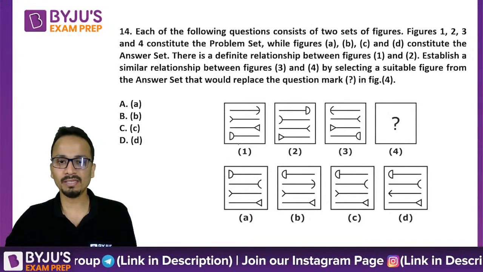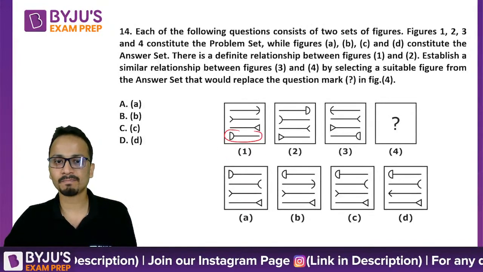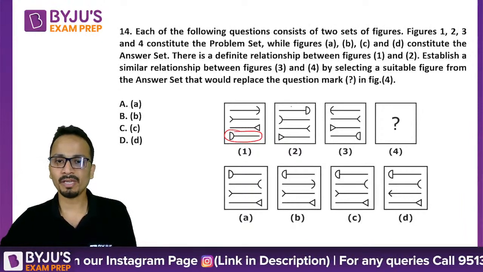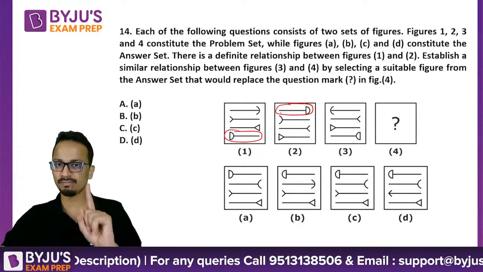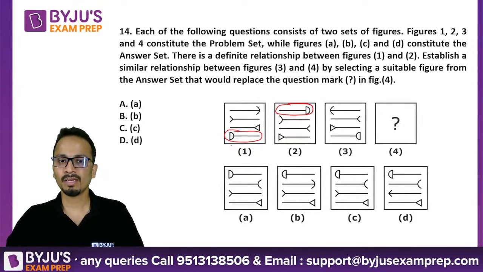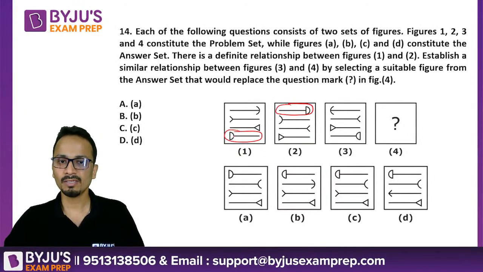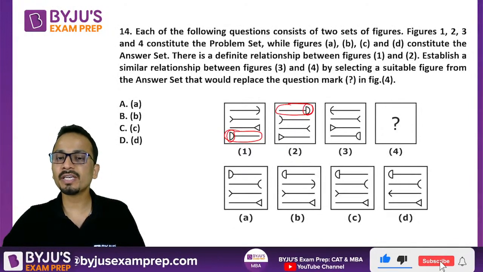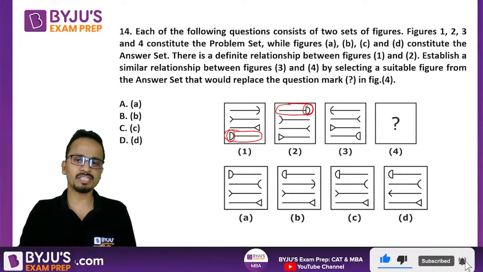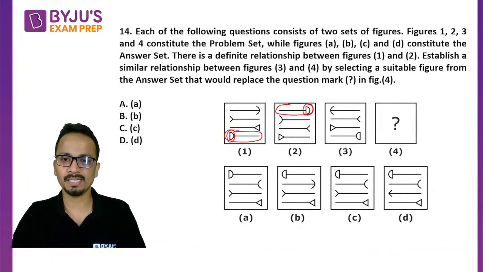So figure number 1, look at this one. From here, it has gone up there. Okay, so this is the first thing that has happened. And the position of this D is shifted, and earlier it was on the left hand side, it has gone to the right hand side.